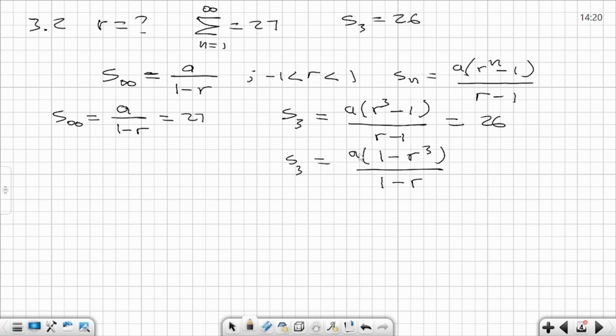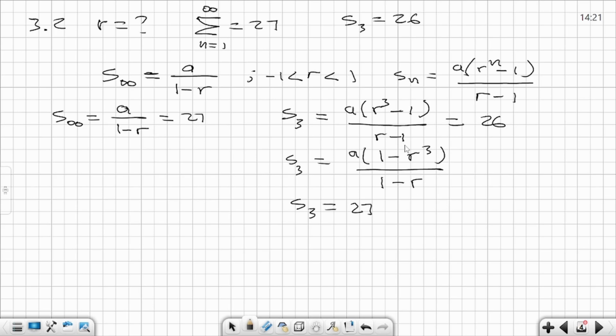Can you see there's the A, and then the 1 minus R is the 1 minus R. So I can replace my A over 1 minus R with 27, because A over 1 minus R is equal to 27. You replace it with 27 because of that information.